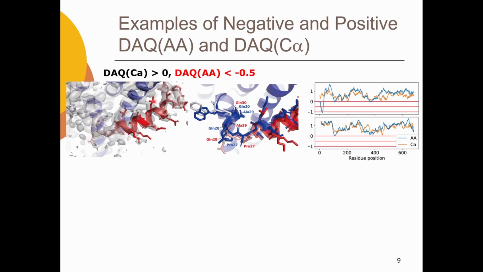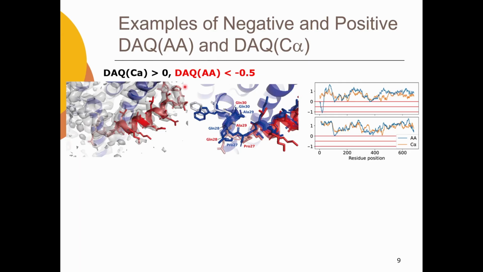So this is a score distribution, and these are some examples of how the DAQ C alpha position score and the amino acid score look. This is an example where the DAQ C alpha score is positive, which is good, and the DAQ amino acid score goes negative. These alpha helical regions have this score range, shown in the plot here. The amino acid score is in blue, the C alpha score is in red, orange.